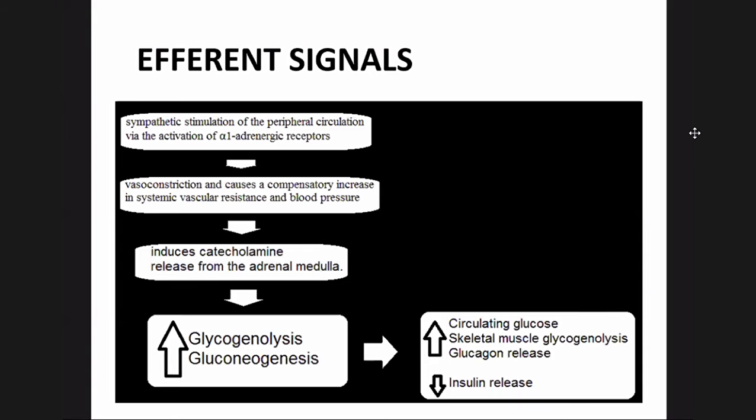So there will be increased circulating glucose, skeletal glycogenolysis and glucagon release, and there will be decreased insulin release.